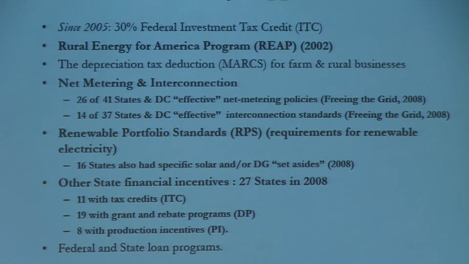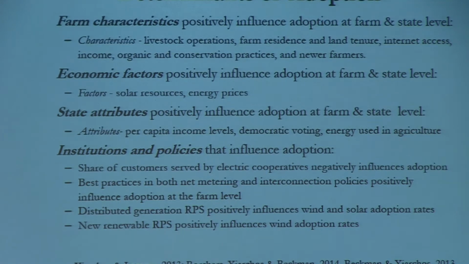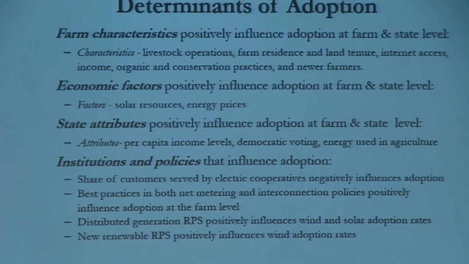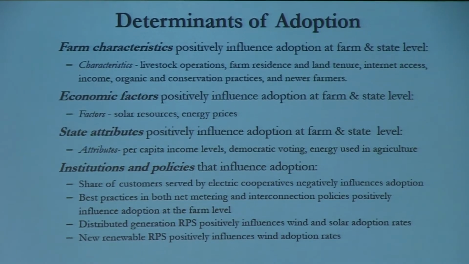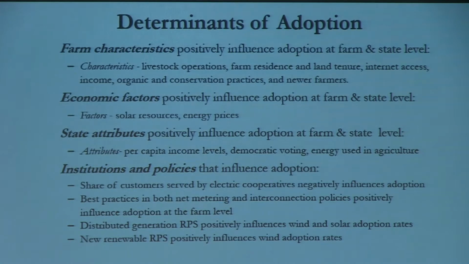There are other state financial incentives that also help reduce the cost of renewable energy installations, like tax credits, rebates, and production incentives that we're also going to be looking at. So what we find is that the determinants of adoption can be separated in farm characteristics, economic factors, state attributes, and then institutions and policies that affect renewable energy installations.